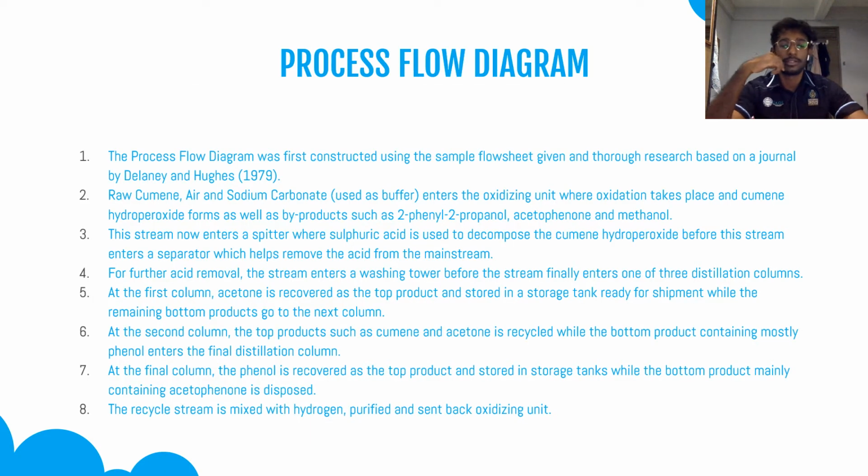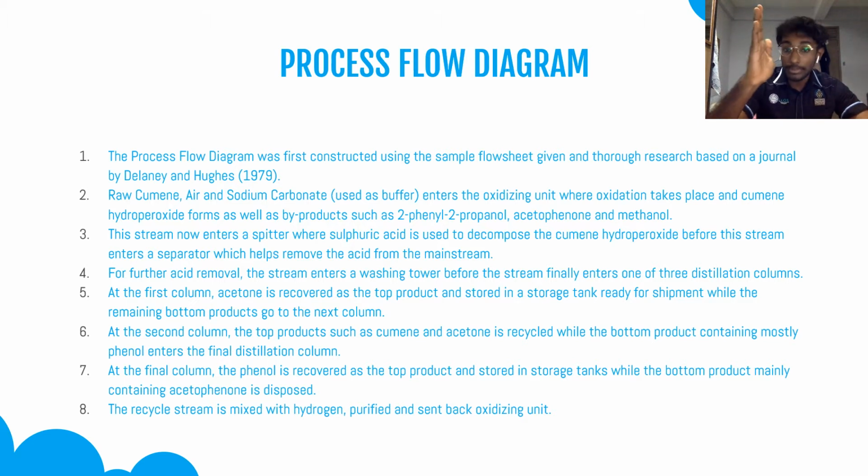In simple terms, raw cumene, air, and sodium carbonate, which is used as buffer, enter the oxidizing unit, where oxidation takes place and cumene hydroperoxide is formed. Now the cumene hydroperoxide enters the splitter, where it is cleaved by using acid.